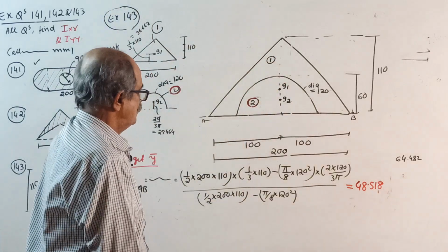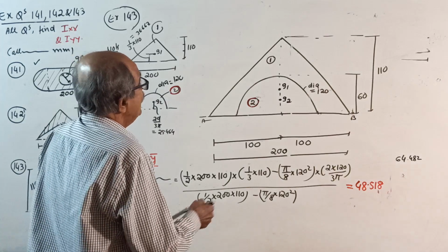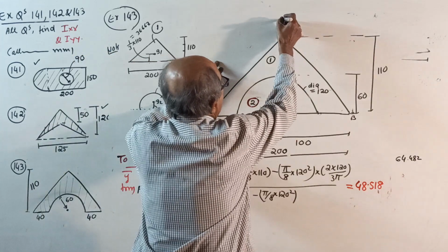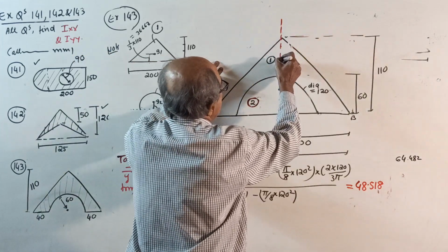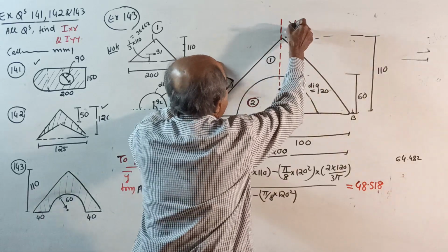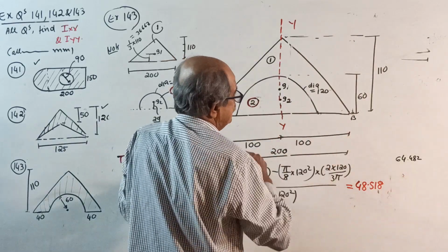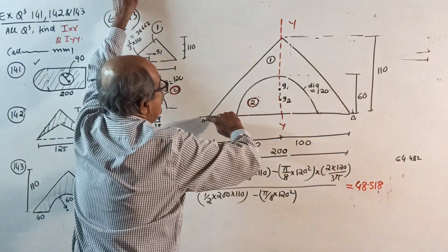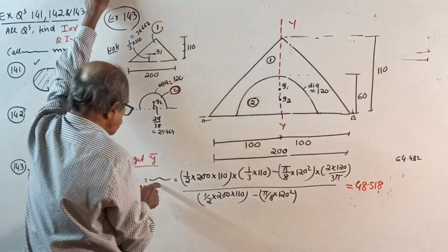G1, G2. Start. As usual, see, y axis, you don't have to locate by calculation. Directly, see. This is y. Distance already there, 100 and 100. X-axis you have to locate. So y bar from AB. Area of this formula you write.